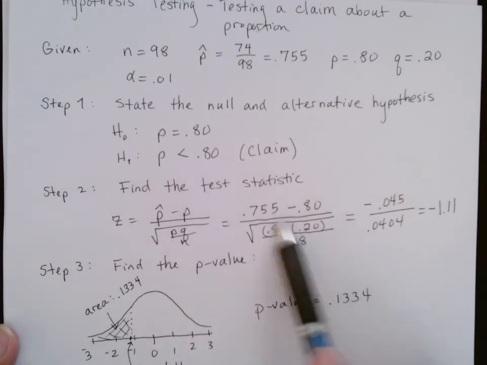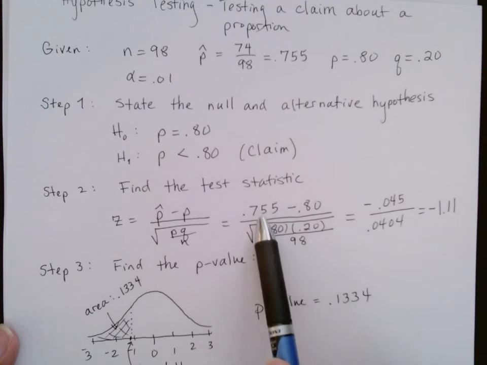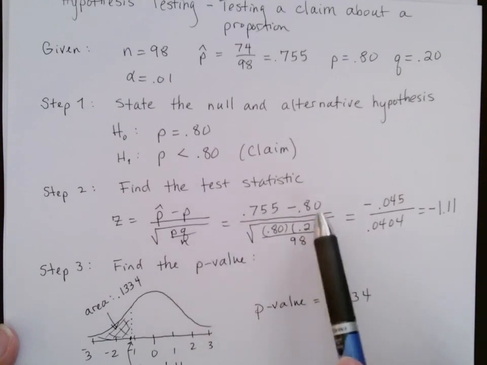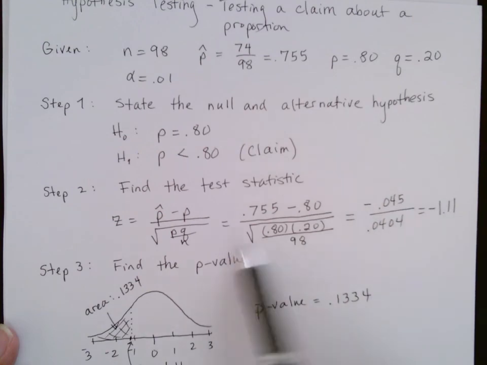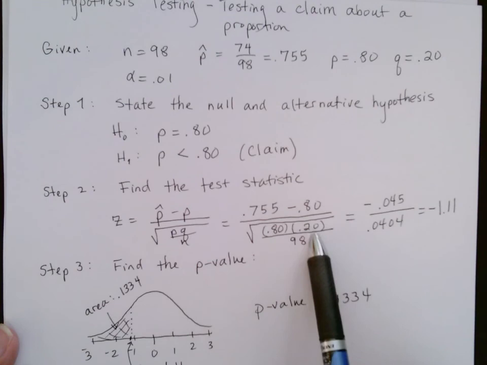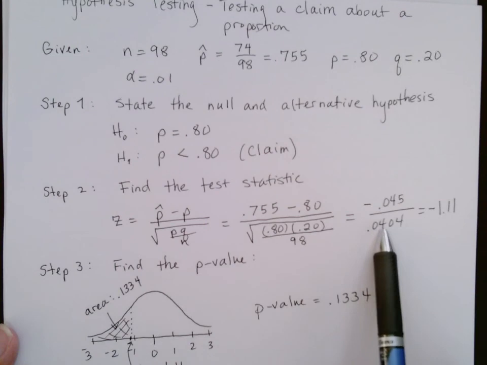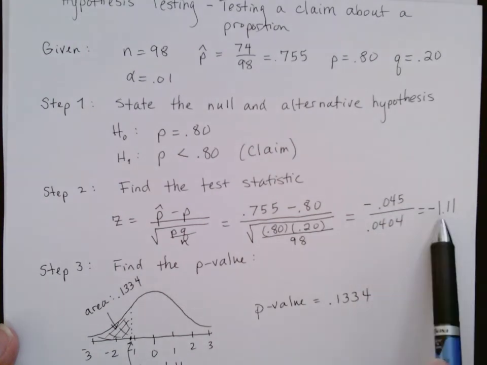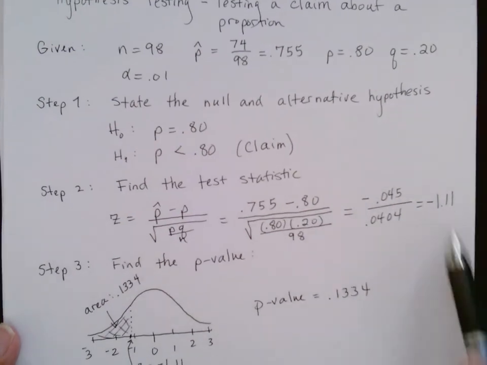You'll plug in p hat, which is 0.755, and subtract p, which is 0.80, and then divide that by the square root of 0.8 times 0.20, divided by 98. That gives 0.0404 in the denominator. You can divide this out and we get negative 1.11. So that's our test statistic.